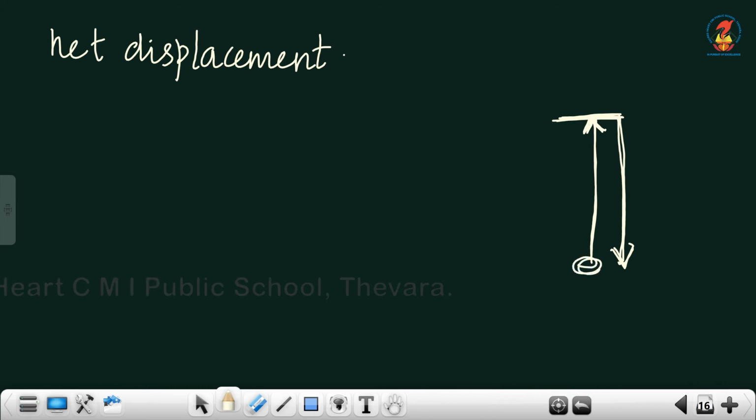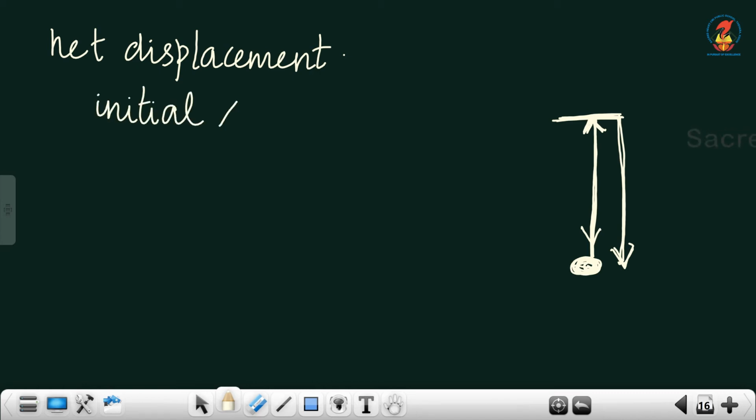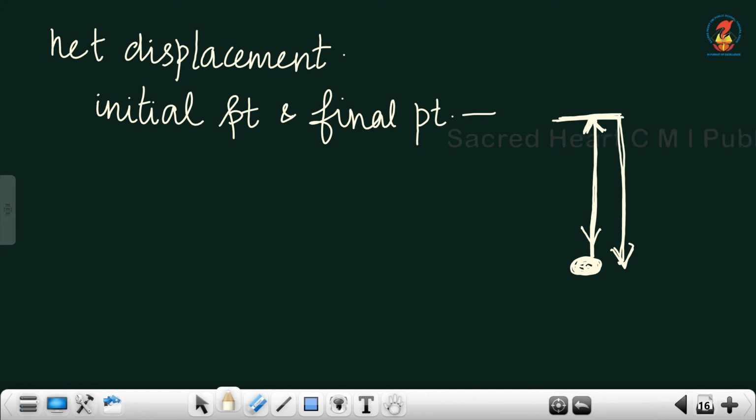So, this is the initial point from where the body started. After reaching a maximum height, the body will follow the same path and come down and reach the initial point itself. So here the initial and final points are the same.